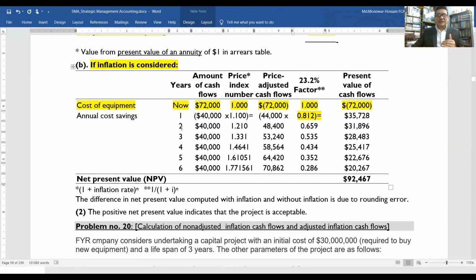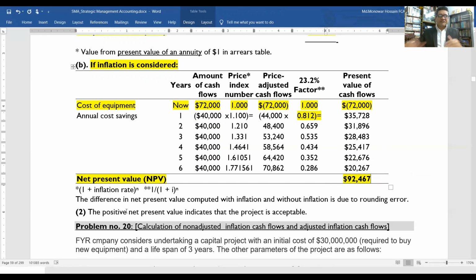So this way, year 1, 2, 3, 4, 5, 6, calculate total figures here. And if we add and deduct the cost of equipment, the initial investment, then we get net present value 92,467.